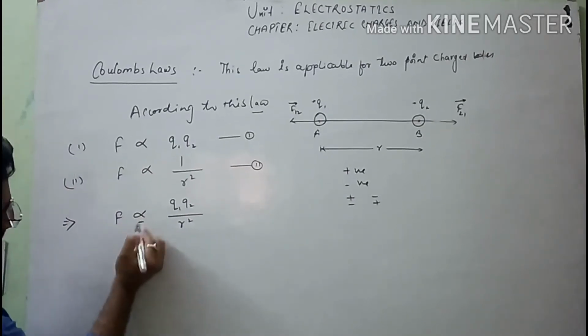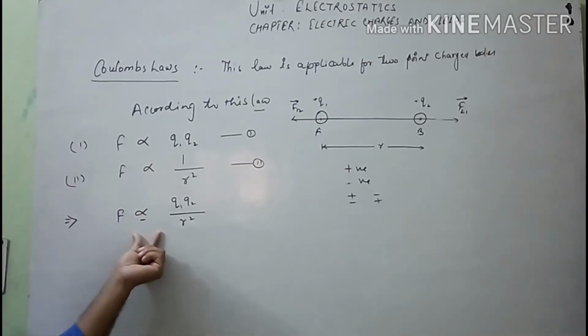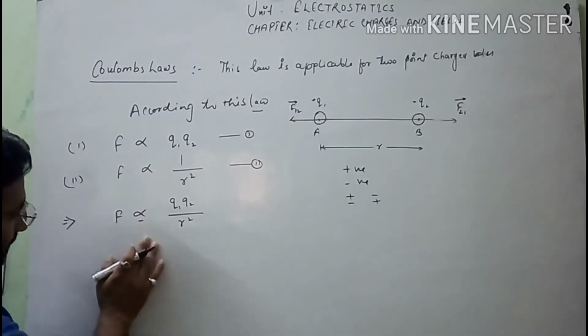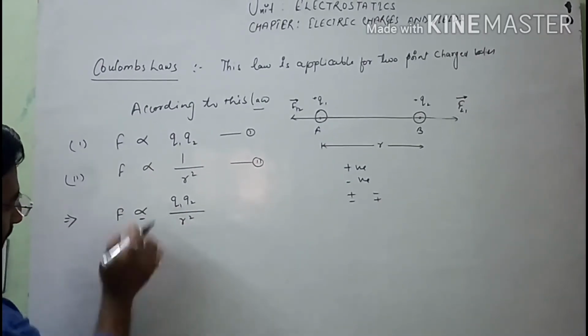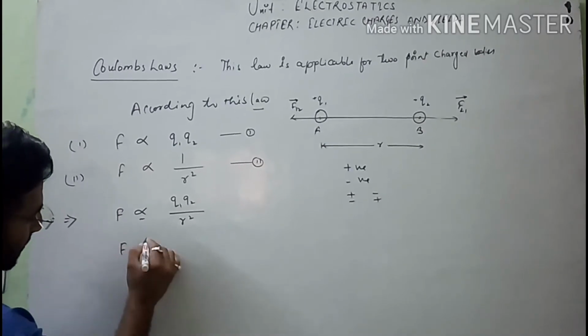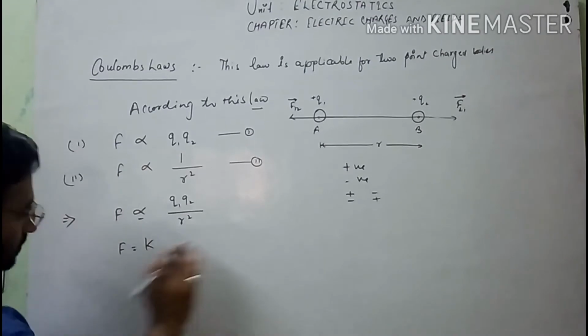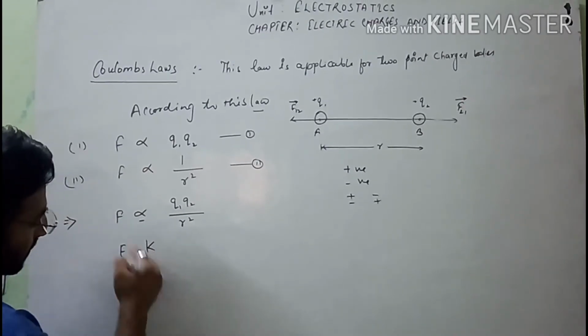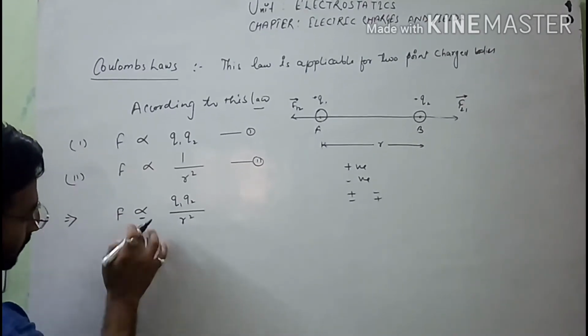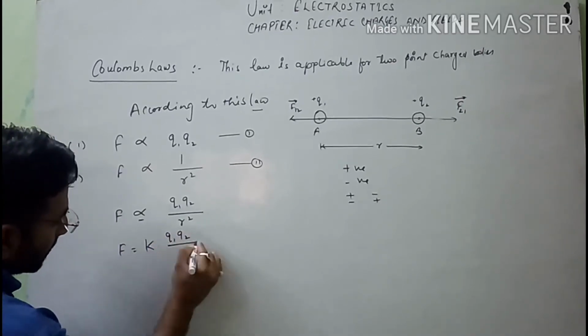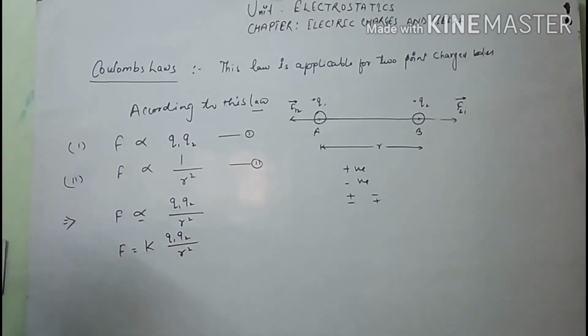Here this symbol is the proportionality symbol. After removing this proportionality symbol, I will use a constant which is called the electrostatic constant. So this formula will be F equals K Q1 Q2 over R square.